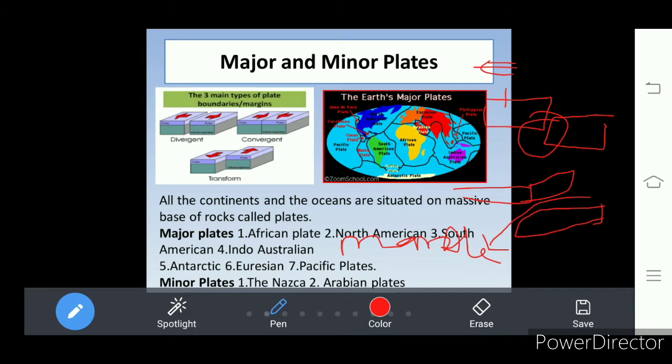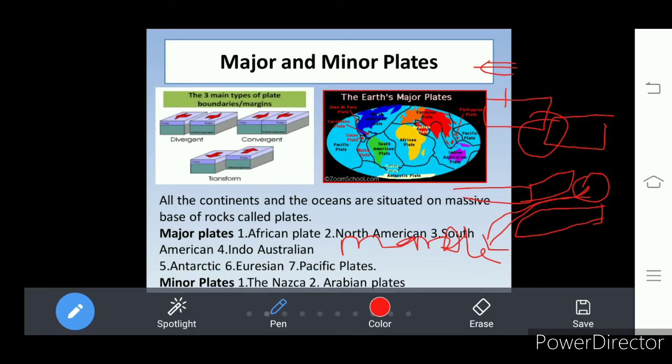It turns to what? Molten form. And the molten material from the mantle comes out, which is very hot. As it reaches the Earth's surface, it becomes cool and forms new crust. What is that? Forming the new crust.